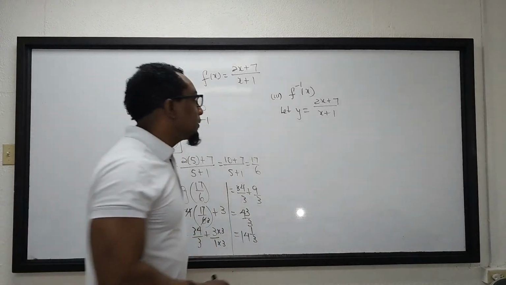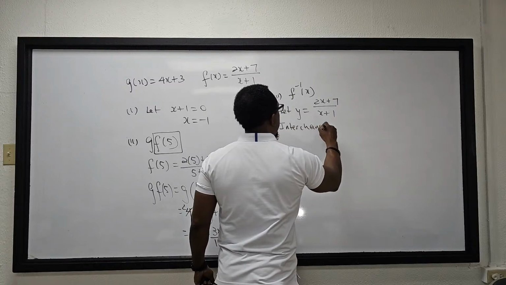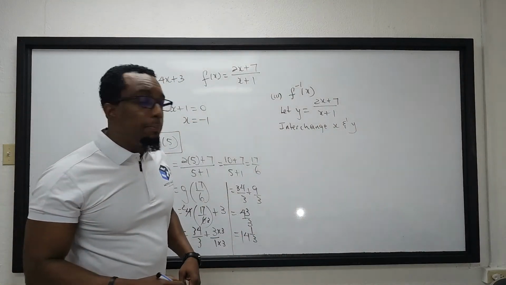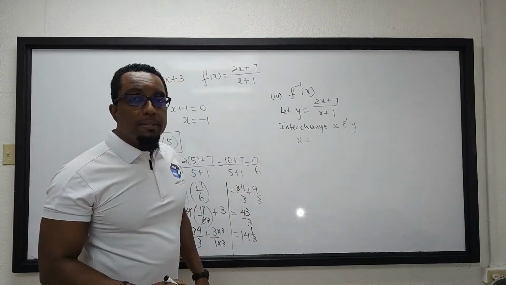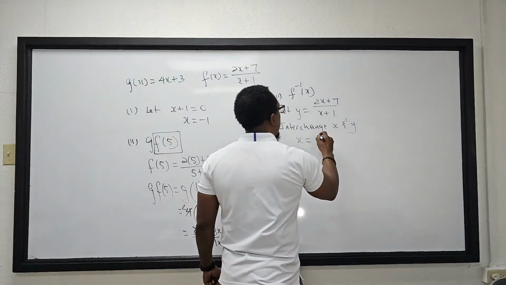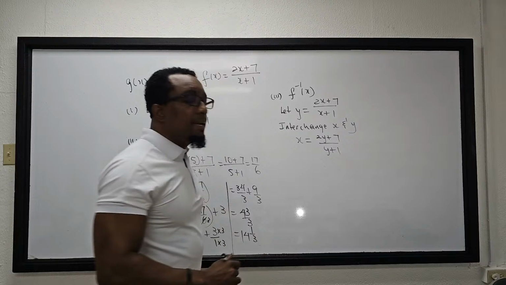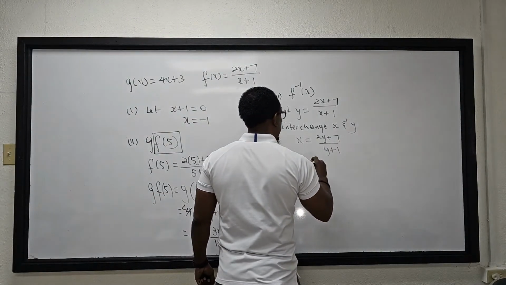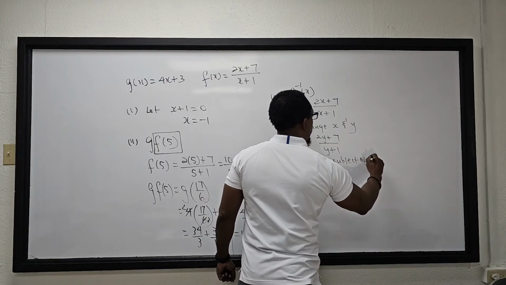Step 2, we interchange x and y. So where I see y, put x. Where I see x in those 2 places, I put y, 2y plus 7 over y plus 1. And then the last step is to make y the subject of the formula.